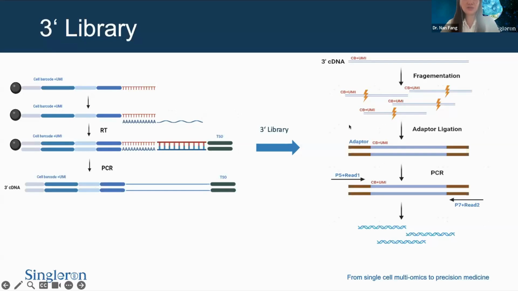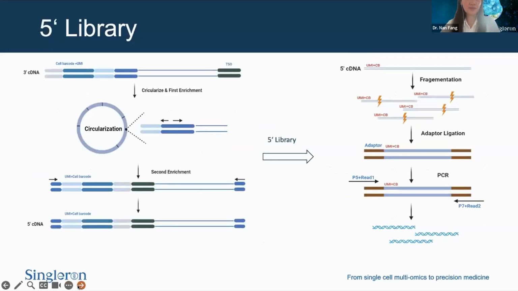You just do the standard cDNA fragmentation and then sequencing adapter ligation to generate sequencing libraries. And in this library pool, the 3' region fragments will be close to the personal ID of each transcript, the cell barcode and UMI.